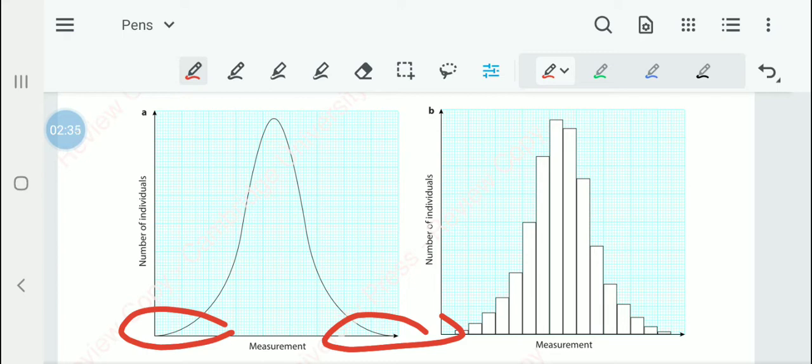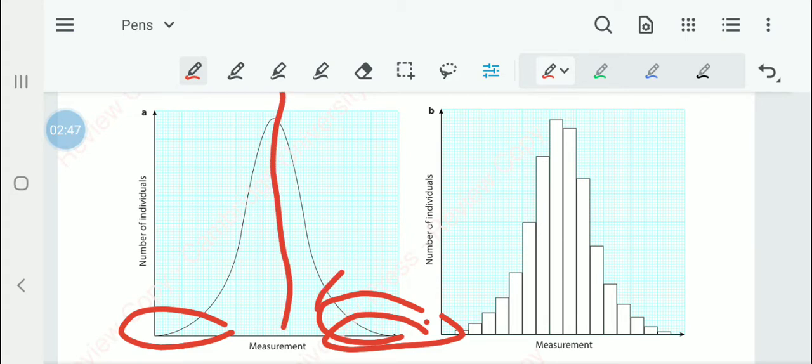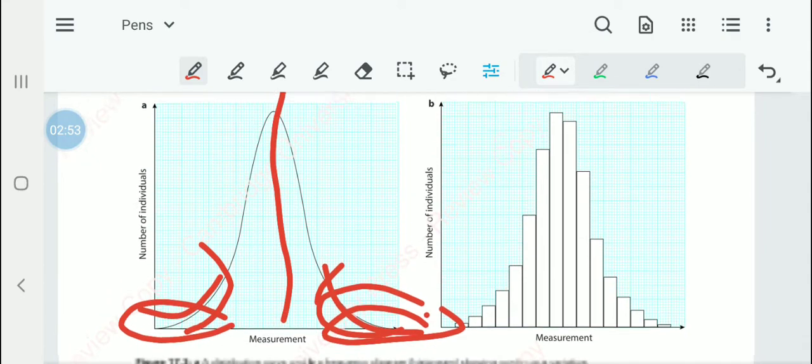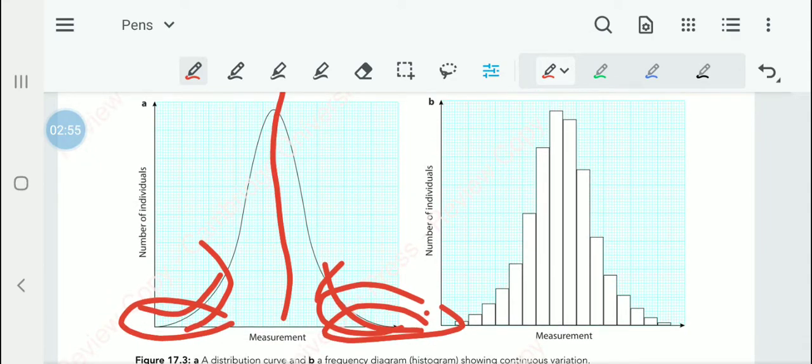So from babies to very fat people at this far end, the majority of the people would be here in the middle. There will be extremely fat people from here, then very thin people and very small babies here. Then the height will also be the same thing. If you take height or weight, then it would show a continuous variation.